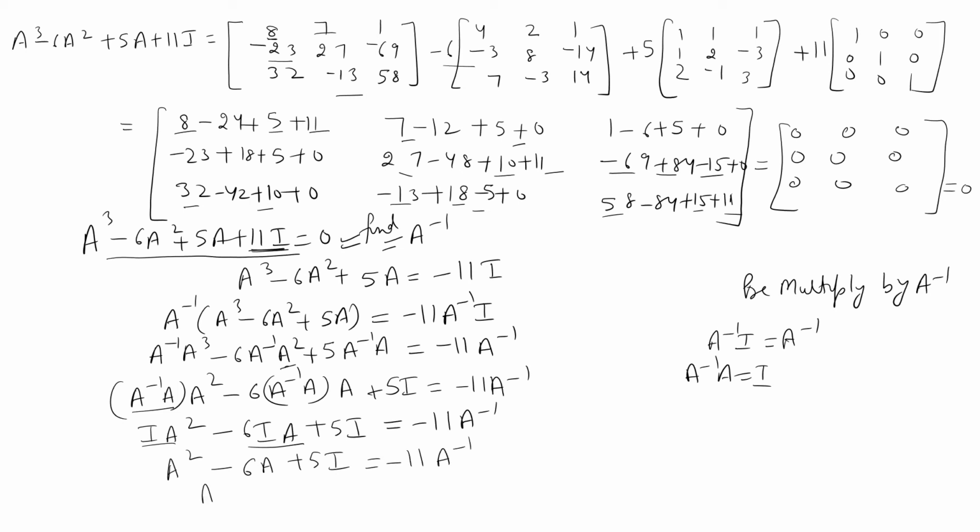So what do we get A inverse as? It is minus 1 upon 11 times A square minus 6A plus 5I. We can adjust this negative sign inside, so A inverse is 1 upon 11 times minus A square plus 6A minus 5I.